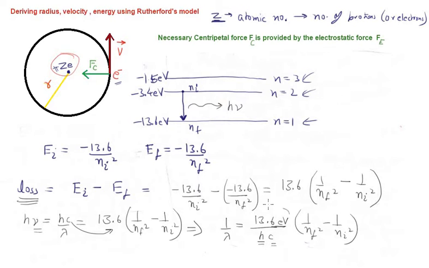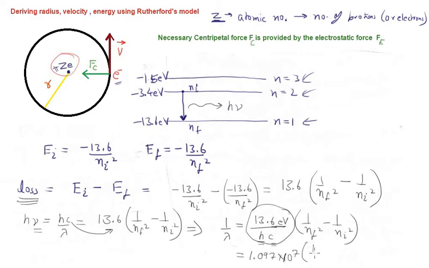Now as you can see here, this is a constant, and we can find out the value of this constant by just plugging in the values of h and c. So if you plug in the value of h as 6.626 into 10 to the power minus 34, and speed of light in vacuum as 3 into 10 to the power 8, you will get 1.097 into 10 to the power 7, right?